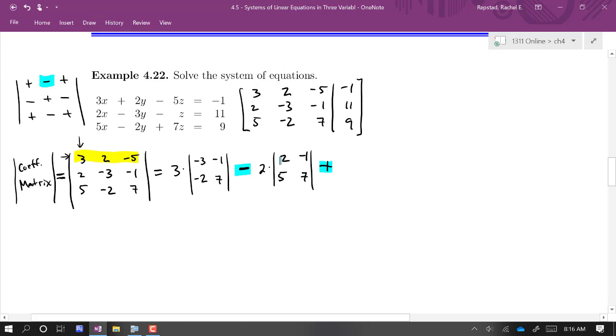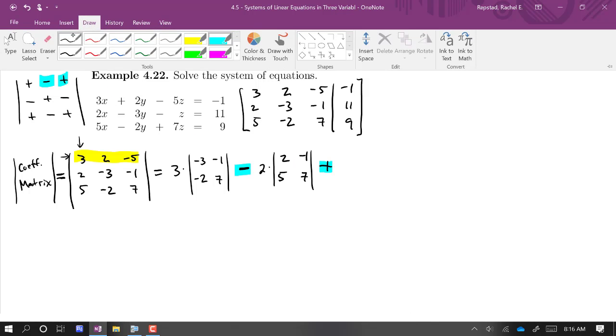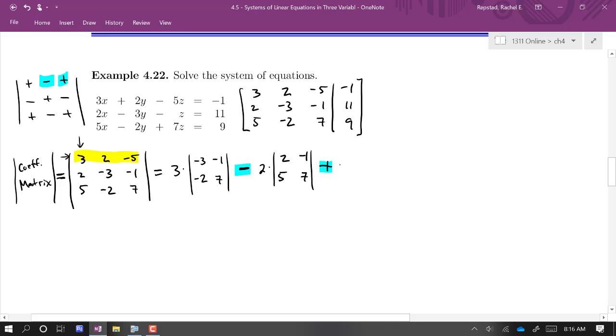that's a plus, because that's a plus, -5 times, if I eliminate that row and column, I am left with 2, -3, 5, -2. Okay, so now let's evaluate.